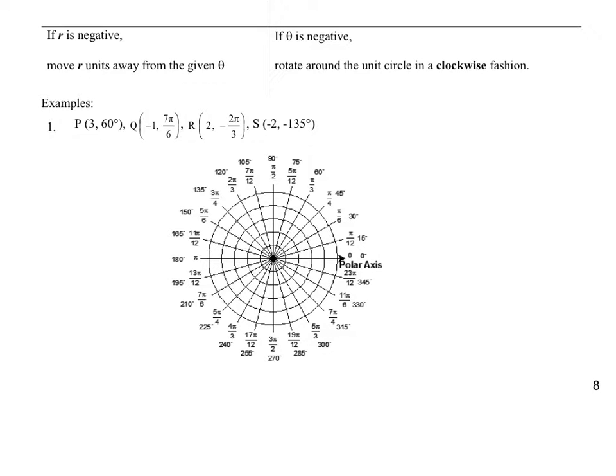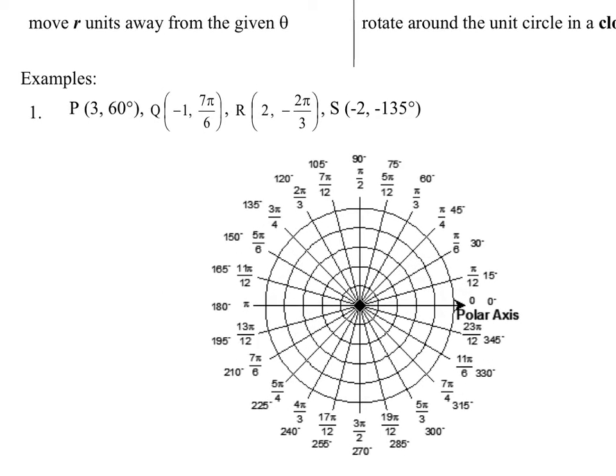And we'll also learn how to convert back and forth between rectangular and polar coordinate systems. So this first one is telling us to take 3 steps toward 60 degrees.